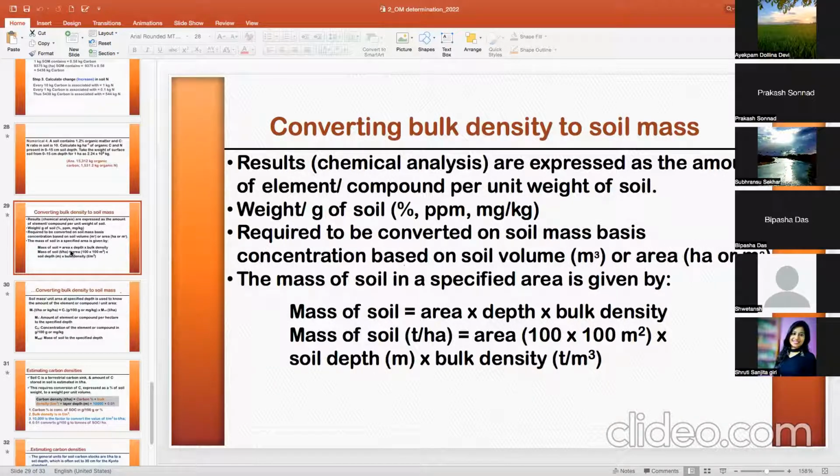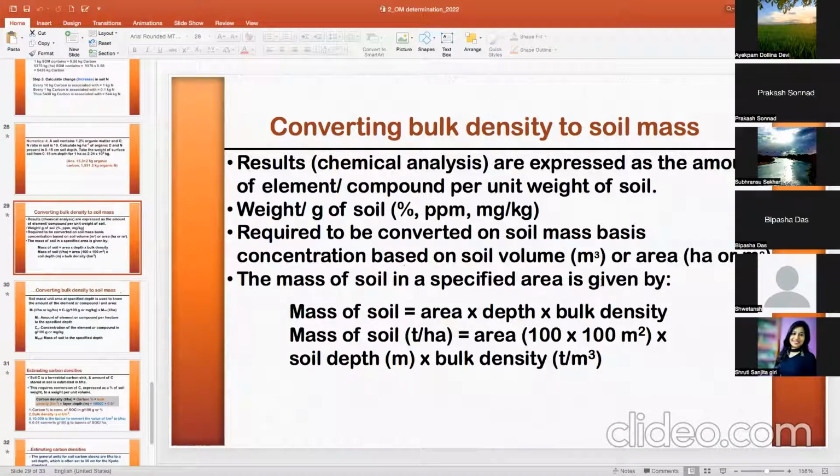With the help of bulk density, you can convert it into area basis. So results are expressed as the amount of element per unit weight of soil, like in ppm, percentage or milligram per kg. It is required to be converted on soil mass basis, concentration based on soil volume or area.